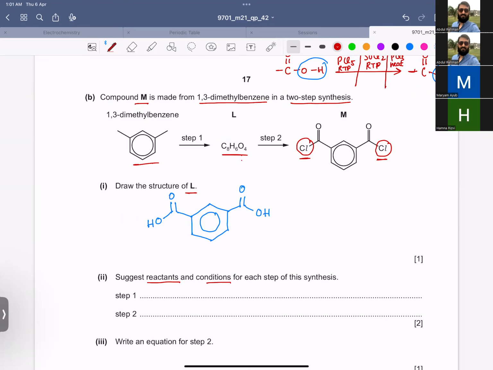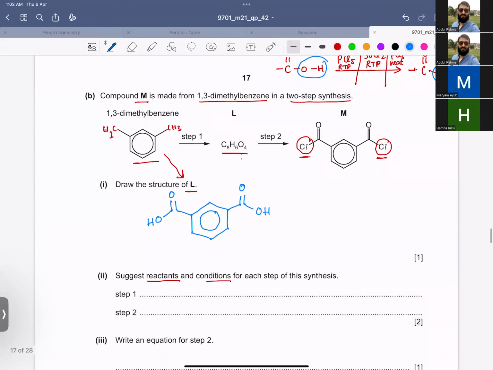In step 1, we have basically a CH3 group and a CH3 group, and they are converting into L, and we have carboxylic acids in L. So for this, if you recall, we use alkaline potassium manganate(VII), then we acidify it.